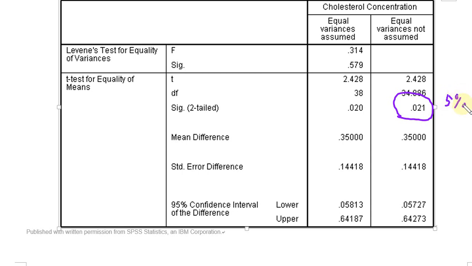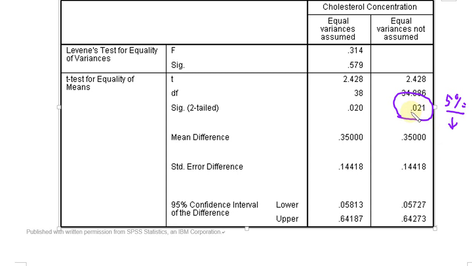The meaning of being below 5% is that your hypothesis is highly right, because the possibility of being wrong is below 5%.